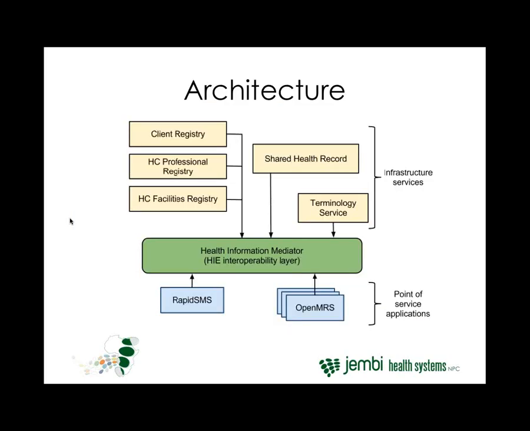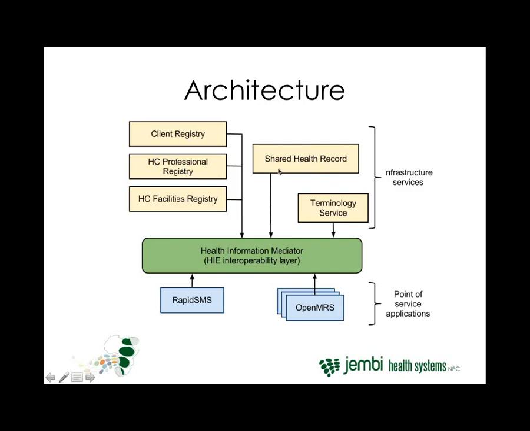So currently what we have in Rwanda and what we've instantiated and what forms the basis of the OpenHIE component set is the architecture in front of us. The ability for point-of-care or point-of-service applications such as OpenMRS, a clinical medical record system, or Rapid SMS, which is an SMS-based community health worker system, to communicate through the health information mediator to access shared health information for unique persons in the country collected by the registered providers and where that particular piece of information is collected.